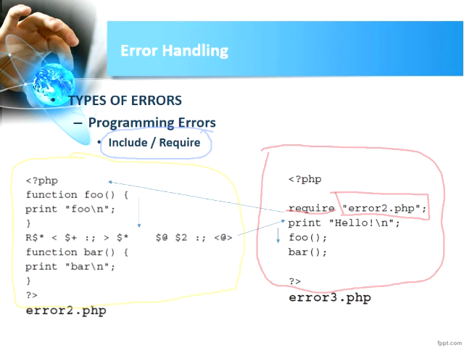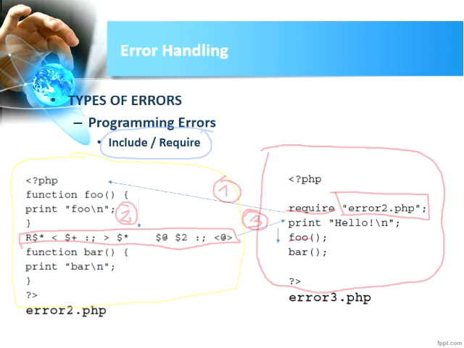So in this case we will find, this is the first step, function foo, print foo. After that we will find this is an error. When we find an error, we will return to error3.php and we will continue.